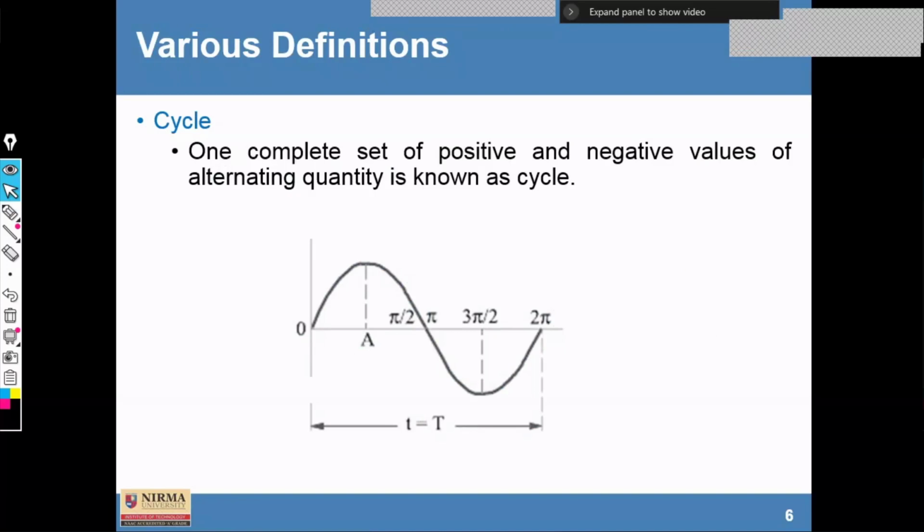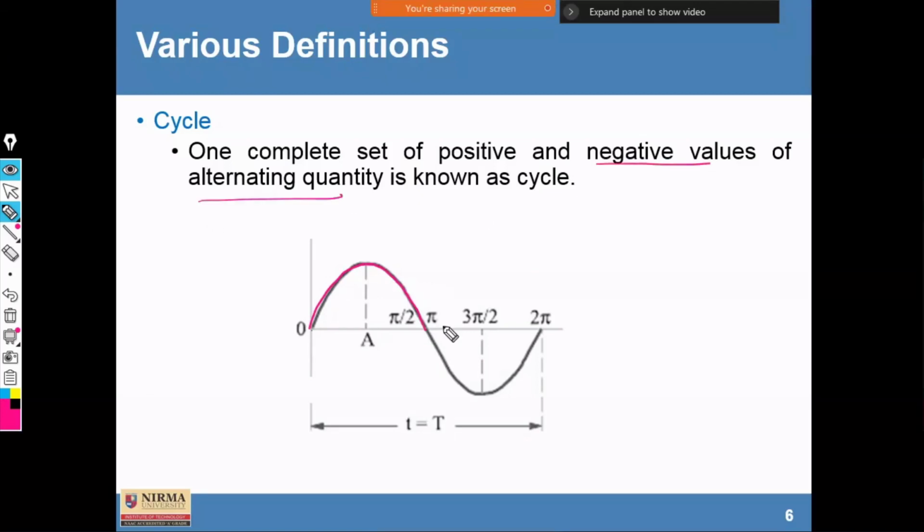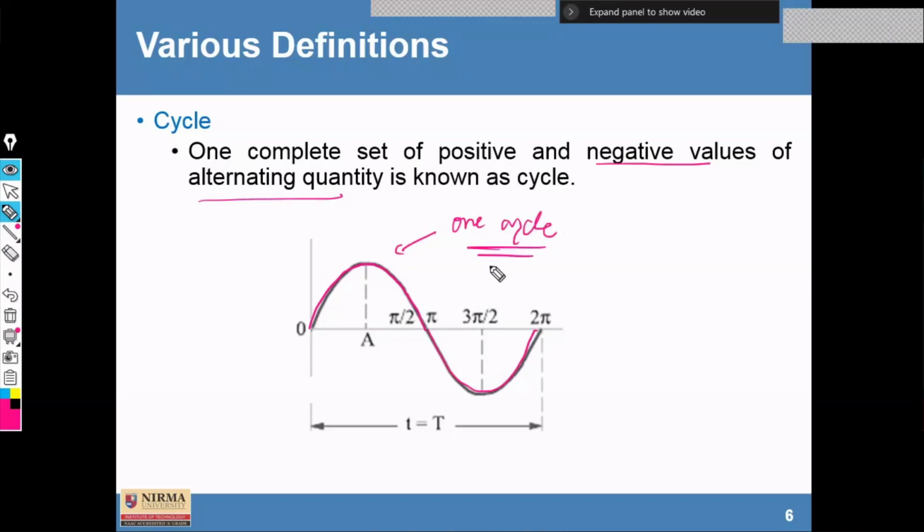These definitions are important for your examination. Fine. So what is a cycle? One complete set of positive half cycle, this is a positive half cycle, and negative values of an alternating quantity, or negative half cycle. Fine. So this is one cycle. What is the definition?